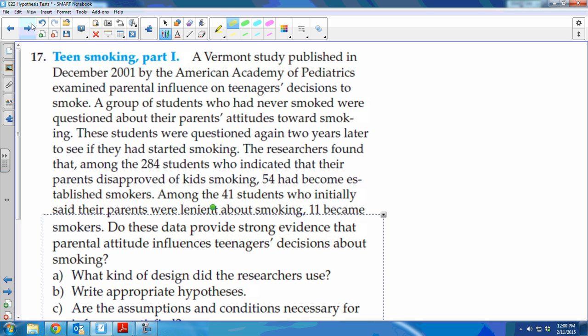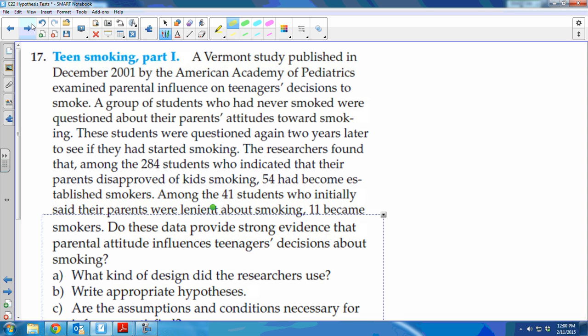The researchers found that among the 284 students who indicated that their parents disapproved of kids smoking, 54 had become established smokers. Among the 41 students who initially said their parents were lenient about smoking, 11 became smokers. Do these data provide strong evidence that parental attitude influences teenagers' decisions about smoking?